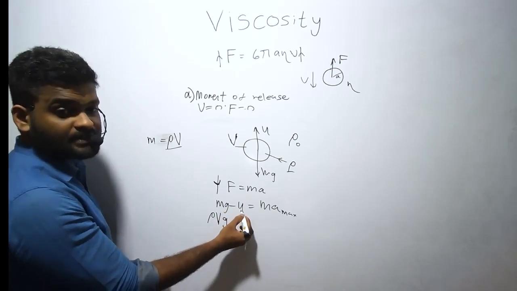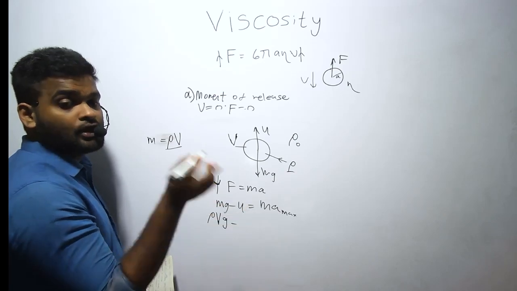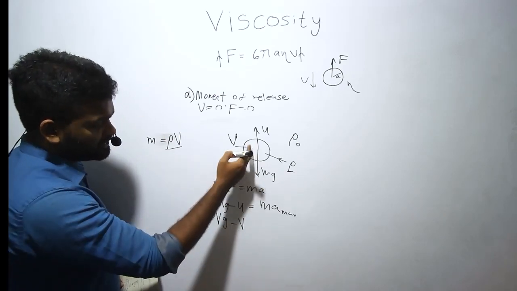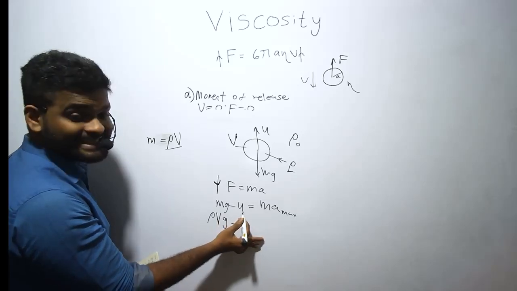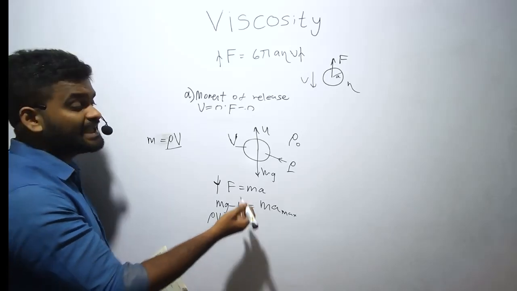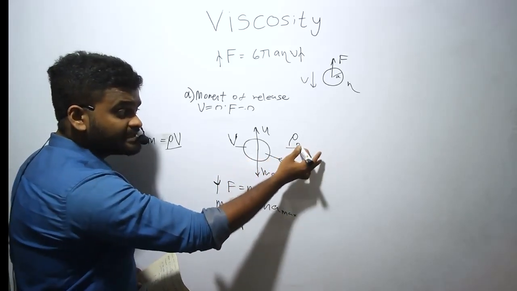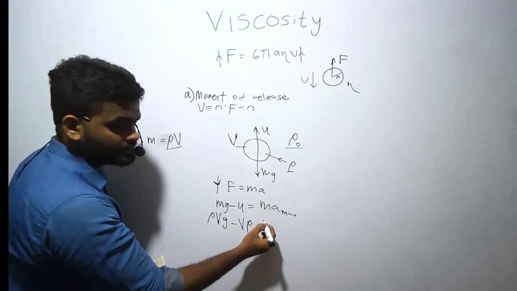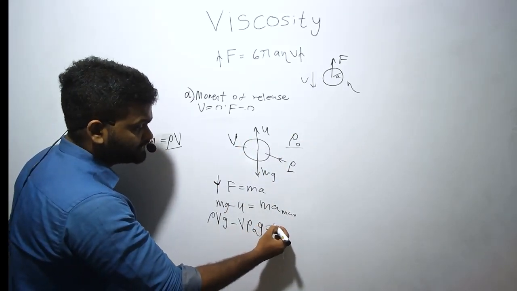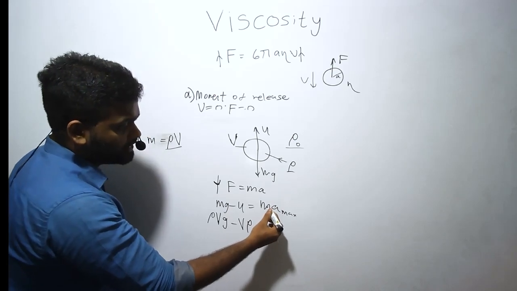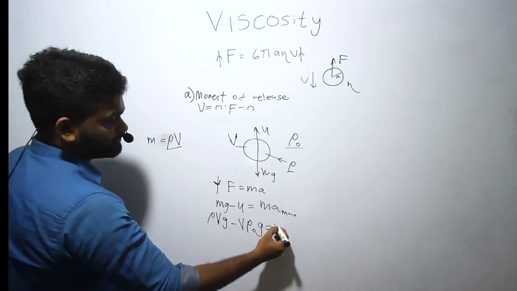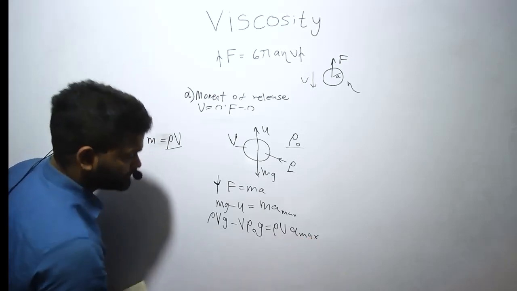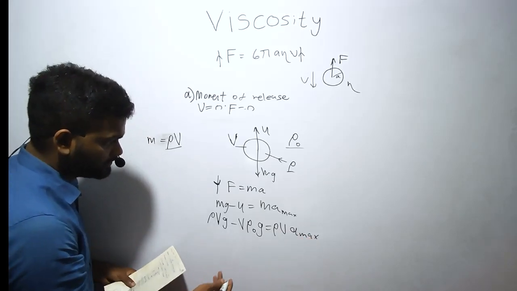Minus upthrust is what? Remember? V rho g. Same V, same volume. But when it comes to upthrust, the density should be the density of the liquid, not the object. So this is rho naught g, equals, here as well you can apply rho V for mass.